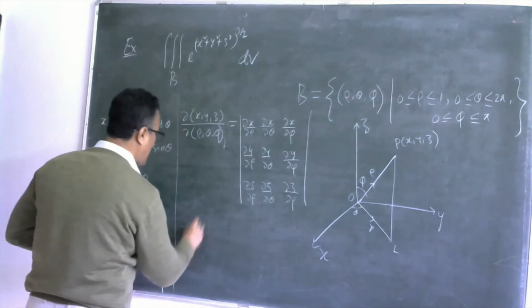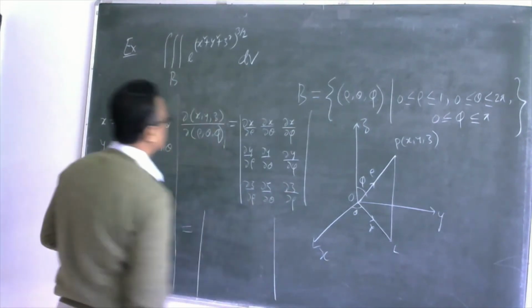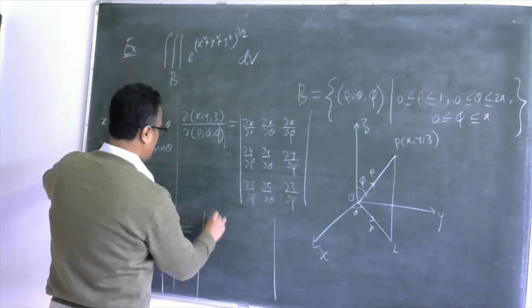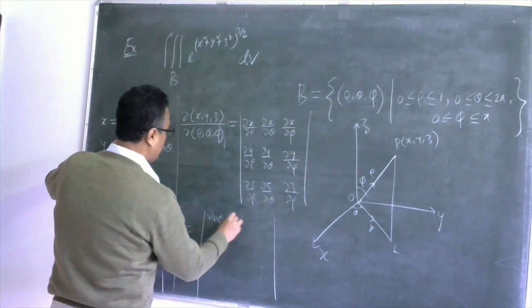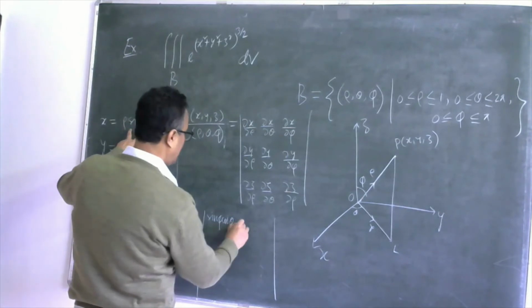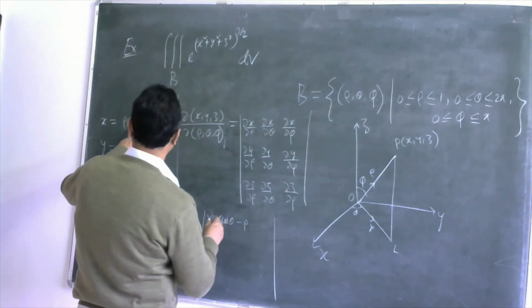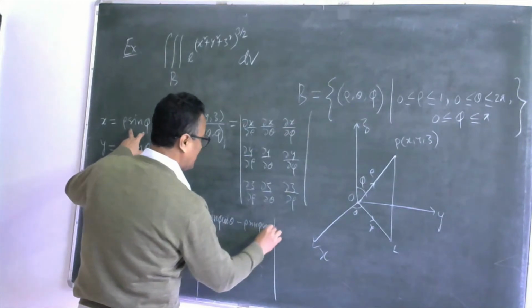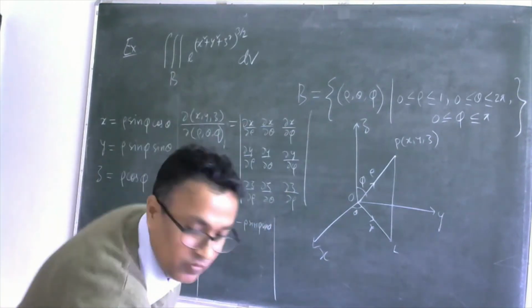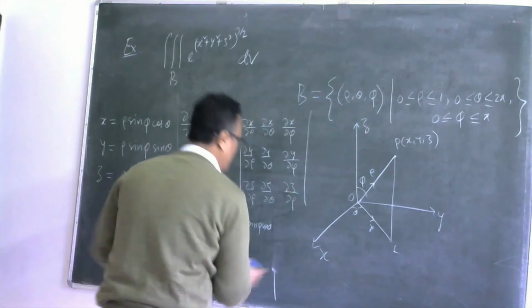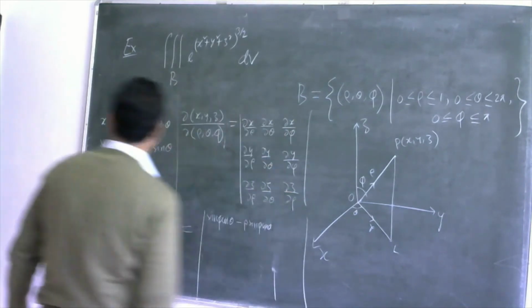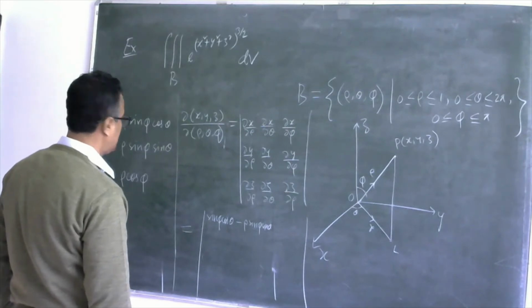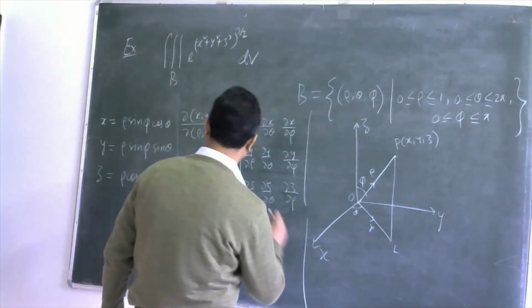If I plug this in, del x del rho is sine phi cos theta, then minus rho sine phi sine theta, and lastly rho cos phi cos theta.